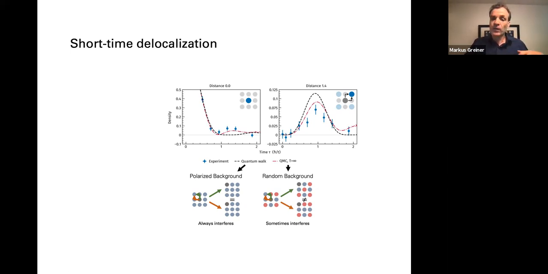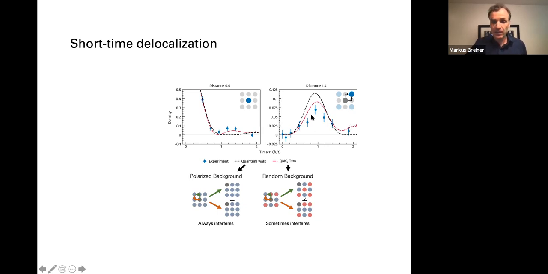interference. So that means if, for example, we take a random spin background, then sometimes you have situations where you have interference, and sometimes you have situations where you don't have interference, because the spin gives away the information which path the hole took. And so with that, you would expect a decrease.